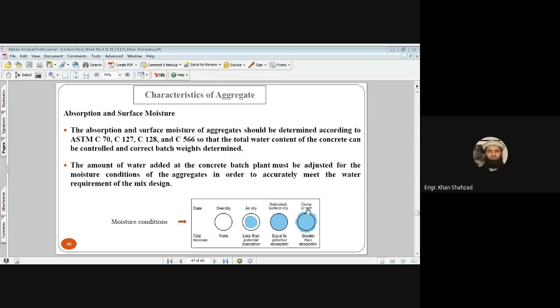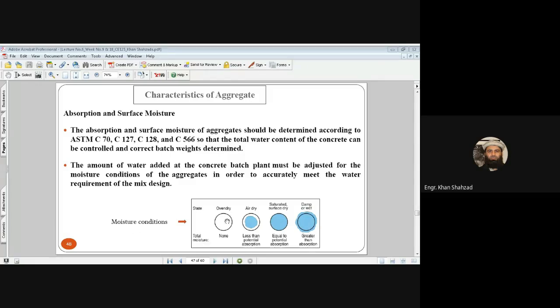So when you are making the concrete, you can subtract from the total quantity of water this quantity which is available on the aggregate surface, because you cannot dry the whole aggregate, the big volume of the aggregates, you can't put it in the oven. So how can we adjust the volume of the water? You just subtract the quantity of water which these particles have on their surface. Is it okay?